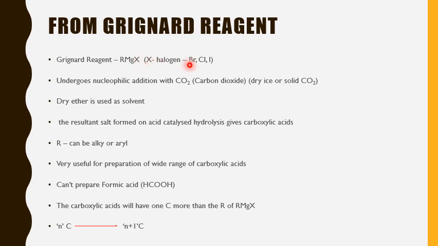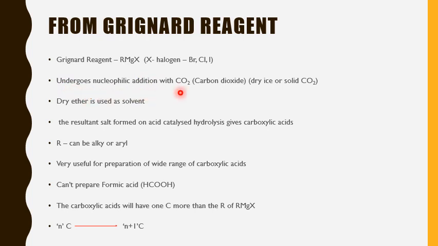This halogen can be bromide, chloride or iodide. Very rarely is fluoride taken, due to its very reactive properties. Therefore, bromide and chloride are frequently used when we take the Grignard reagent.